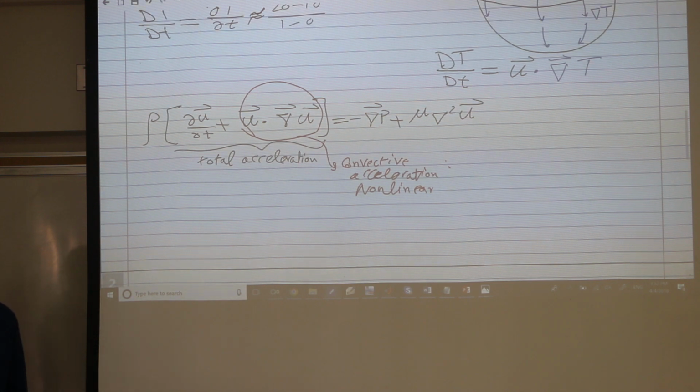And it's a cursed term, in the sense that this is the source of turbulence. This is the one that prevents analytical solution. This is the one that prevents even the mere existence and uniqueness of a solution and makes it as hard as a 1 million prize problem. Okay?